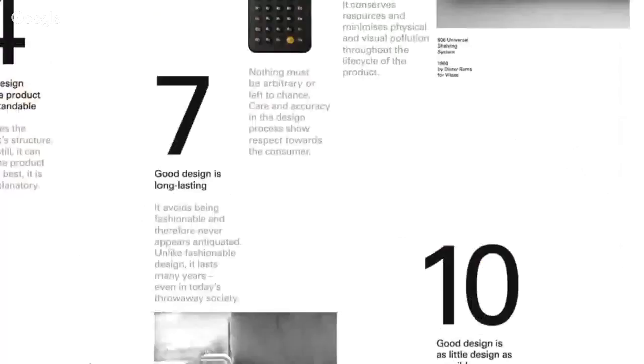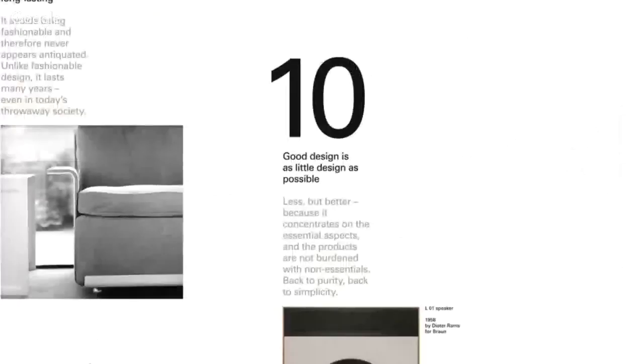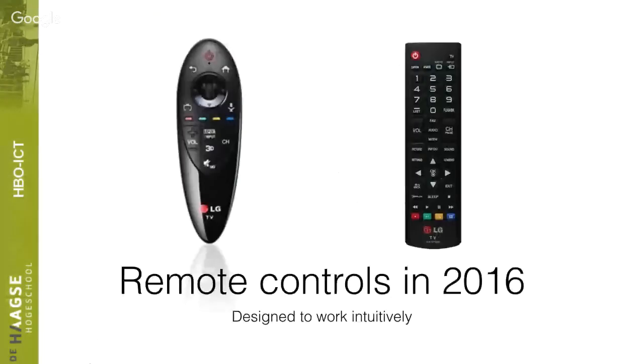And let's see. Good design is as little design as possible. Now this sounds a little bit strange, but what's meant here is that this would be a typical remote that you would use on a TV in 2016.